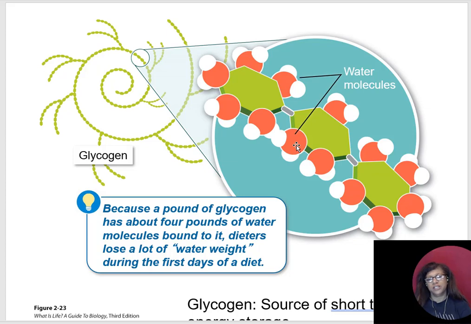But then once you've used the glycogen, now you're tapping into fat, and fat doesn't get wrapped in water. And it takes a little bit more effort to tap into the fat, okay?